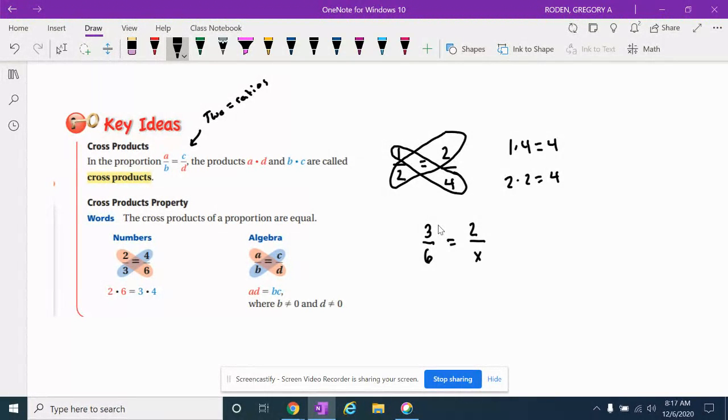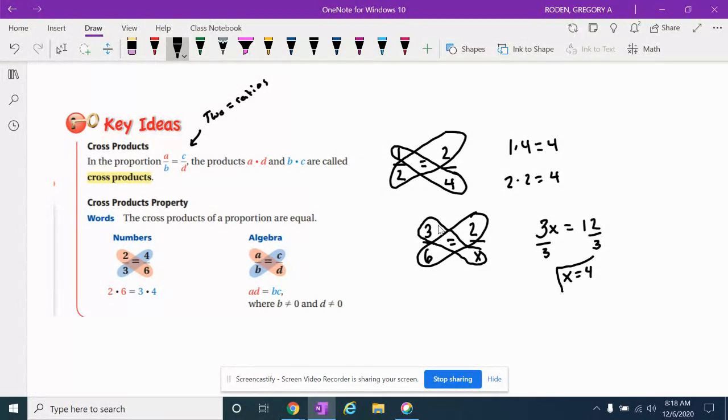If I didn't know how to do that, I can use cross products to figure that out. I can just cross multiply. Again, this is stuff you should already know, so this shouldn't be anything new. So what do I get? When I cross multiply, I get 3 times x, that's just 3x, is equal to 2 times 6, that's 12. Then I can just divide both sides by 3, and I get x is equal to 4. Okay?